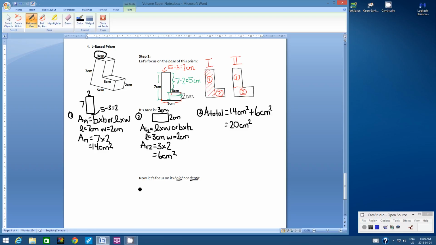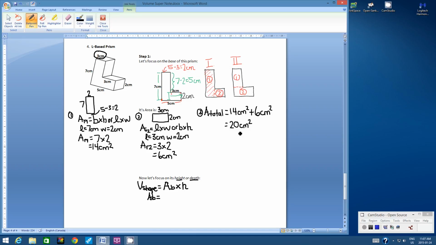So if we know that we're using method 1, we know that the volume of any shape, okay, is the area of the base times the height or depth. Well, what do we know? We just calculated the area of the base.